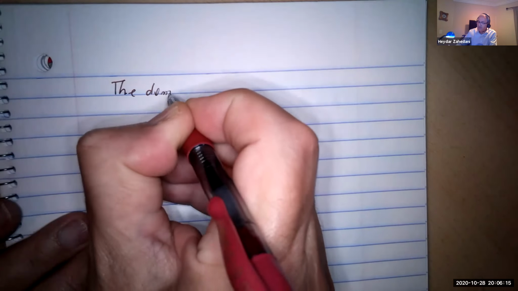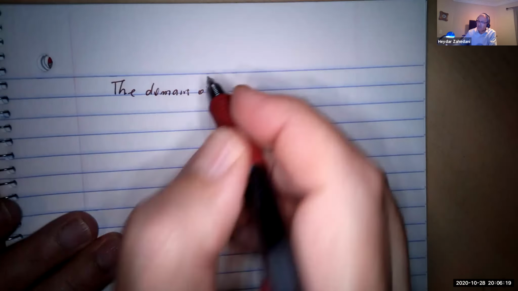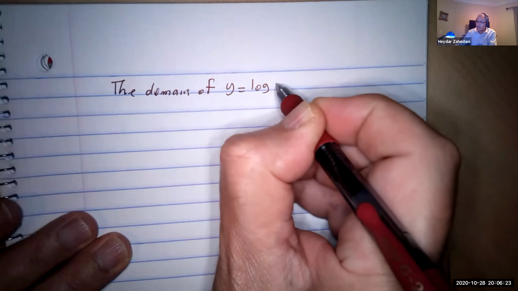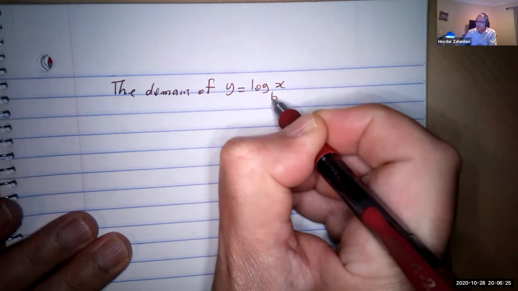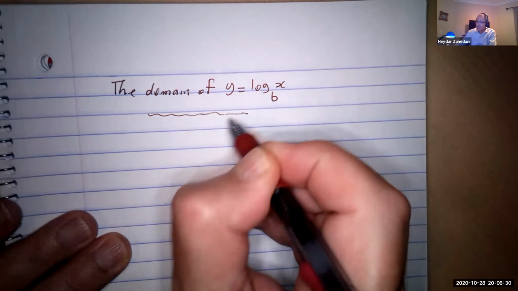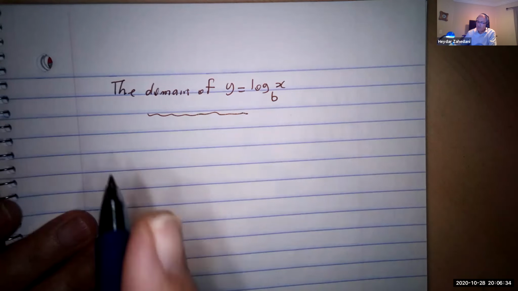So what's going to be the domain of this function in general, y equal to the log of x with the base b? So let me just remind you of the definition.